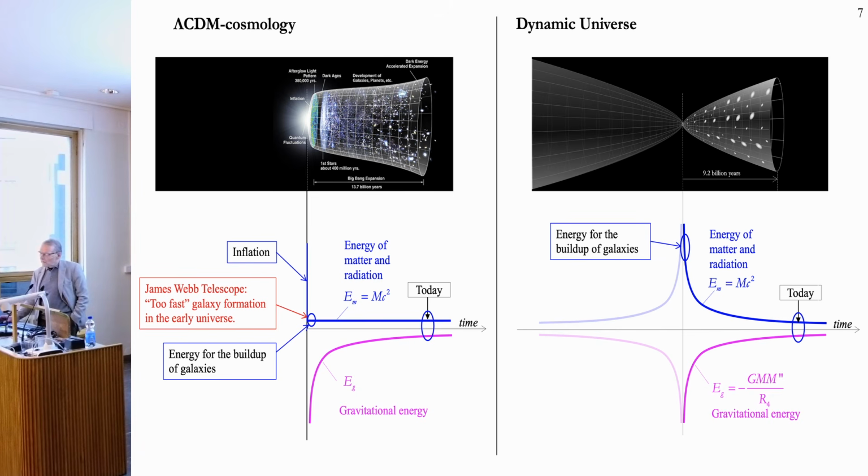If we compare the development of the energy during the expansion since the start of the expansion, according to the existing model, it has been essentially constant. So the total mass M and the velocity of light c are assumed to be constant. However, at the same time, the gravitational energy has changed remarkably because the volume of the structure has changed.